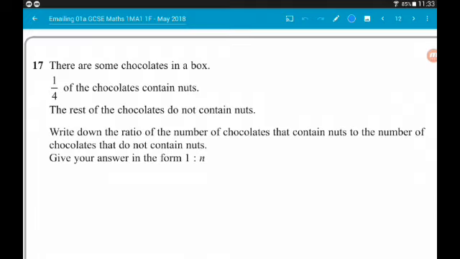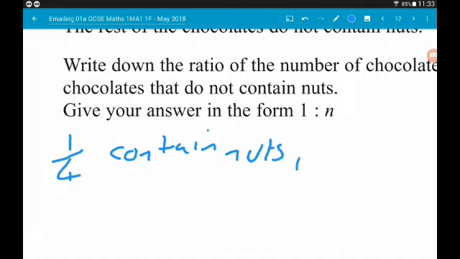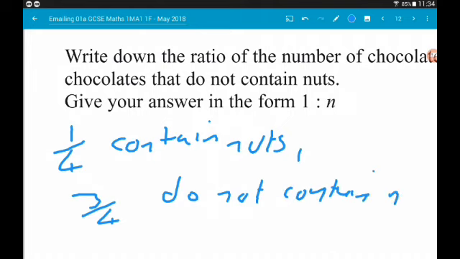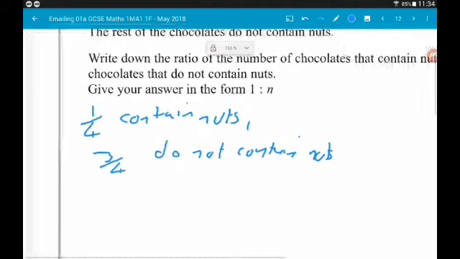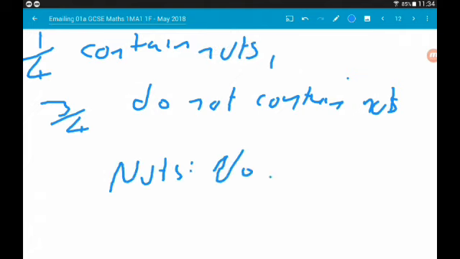So, first of all, if 1/4 contain nuts, then what fraction do not contain nuts? 3/4. Okay, so as a ratio, I'm going to do it as nuts to no nuts.